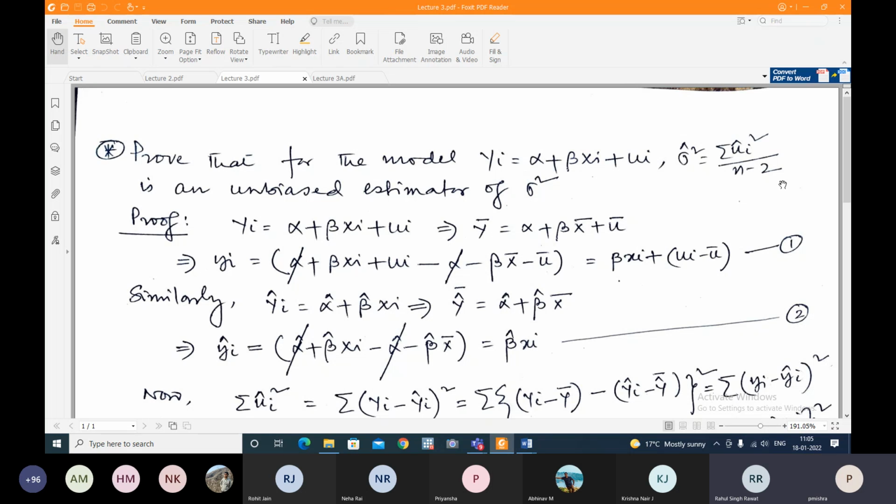How to prove? We know yi is equal to alpha plus beta xi plus ui. If this is the case, then y bar can be written as alpha plus beta x bar plus u bar.